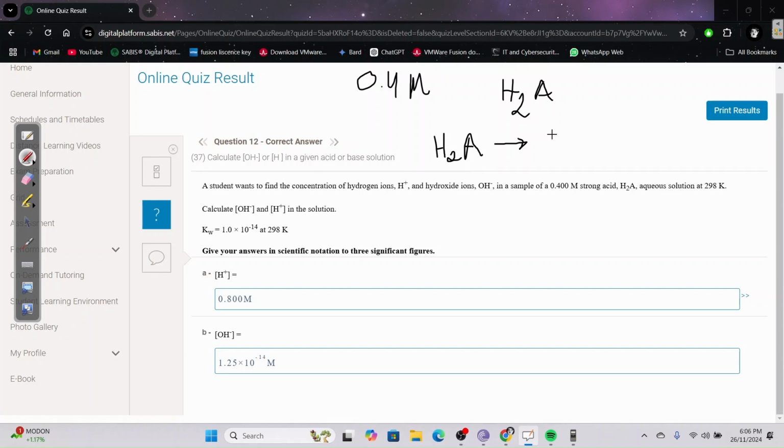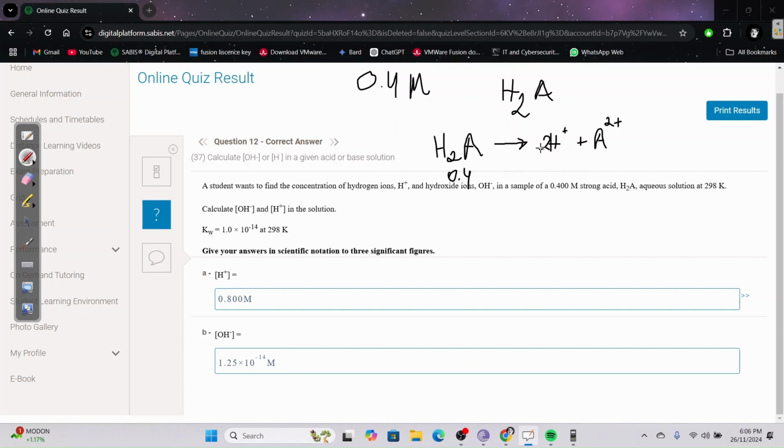So this dissociates into 2H plus and plus whatever A, element A, or we don't know what element A is, A2 minus. Okay, so now you have 0.4 here, so 0.4.